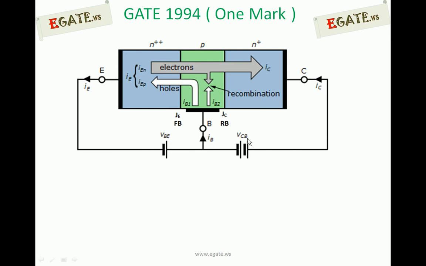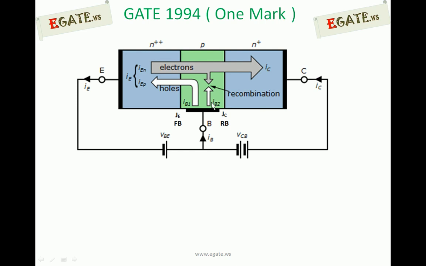In the collector base junction, the junction is under reverse bias. Under reverse bias, the total applied voltage will be taken by the diode itself. So if you apply a large reverse bias, the total voltage will drop across the reverse bias diode. Now the reverse bias diode has higher voltage than the forward bias junction, so power dissipation across the emitter base junction is IE into VEB, where VEB is 0.7 volts, whereas power dissipation across the collector base junction is IC into VCB, and VCB is very large.